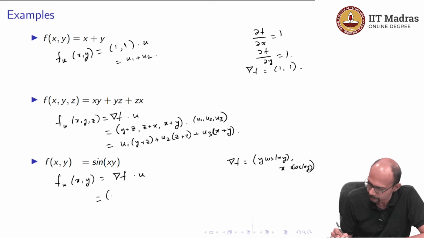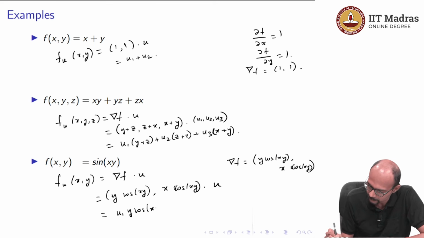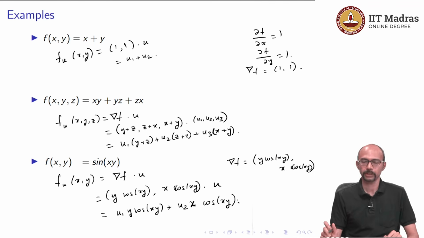And so, if we put this in, this is y times cosine x y comma x times cosine x y dot with u, which gives us u1 times y times cosine x y plus u2 times x times cosine x y. Okay. Very easy to compute.